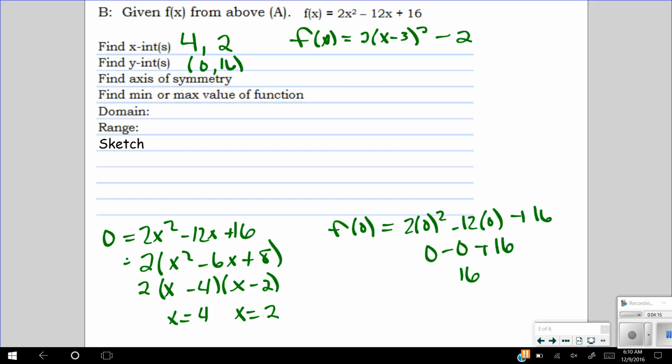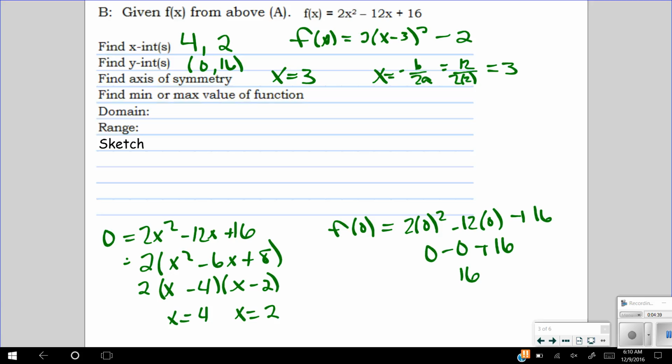Axis of symmetry formula is, well, either the axis of symmetry goes right through the x-coordinate of the vertex, so x equals 3, or you can find that by taking the opposite of b over 2a. So the opposite of b would be 12 over 2 times 2. That's 12 over 4, which is 3. So you can do it either way.